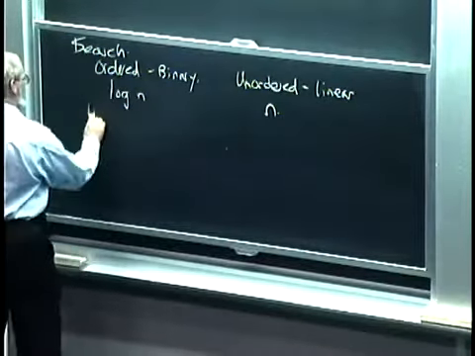So how many levels do I have? Log n. Because at each stage, I'm cutting the problem in half. So I start off with n, then it's n over 2, n over 4, n over 8. So I have n operations log n times, there we go, n log n. Took us a long time to get there, but it's a nice algorithm to have.